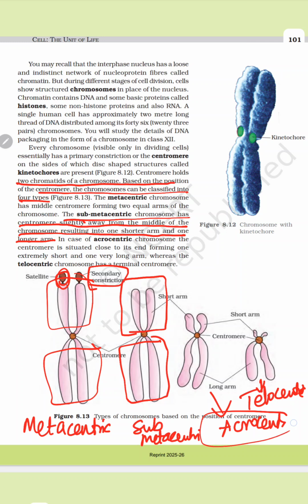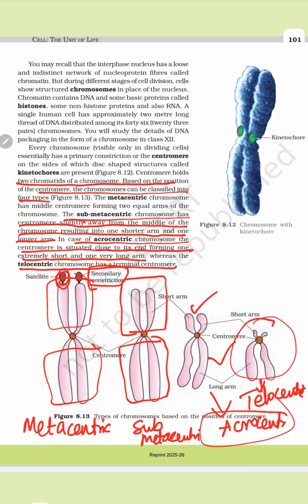In the case of acrocentric, the centromere is very close to the end, so one arm is extremely long and the other extremely short. In telocentric, only one terminal centromere is present.